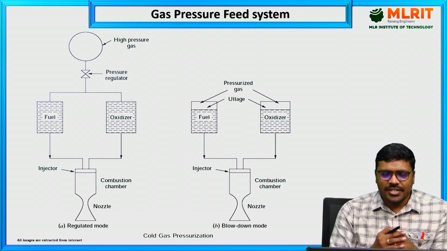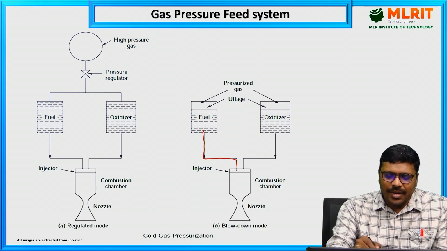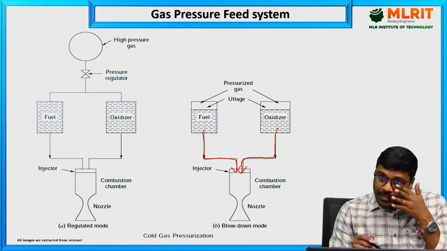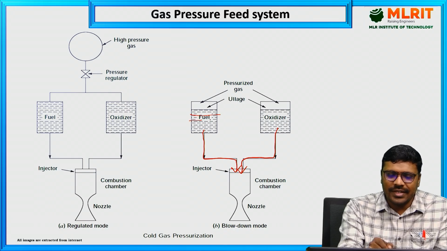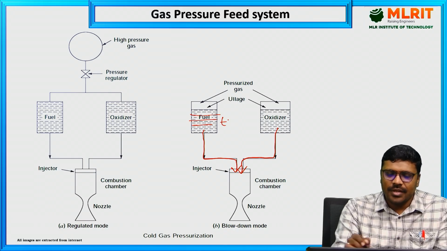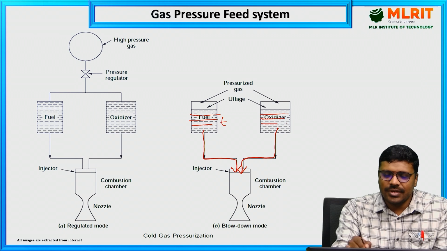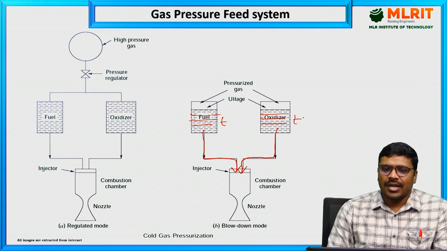So that is one disadvantage in this blow down mode. Next, the fuel and oxidizer are being supplied into the combustion chamber. As they are supplied, the level of fuel decreases with respect to time, and the level of oxidizer also decreases with respect to time in the tanks.